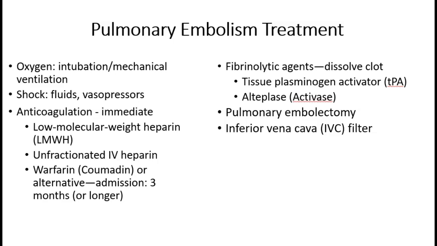An initial treatment for most patients is anticoagulation, usually with Lovenox or a heparin drip, putting them on Coumadin. If it's a massive PE, we may need to actually break up the clot. They might have to go in and actually remove the clot with an embolectomy. And then an IVC filter is more of a preventative for people with known DVTs or who cannot have anticoagulation.